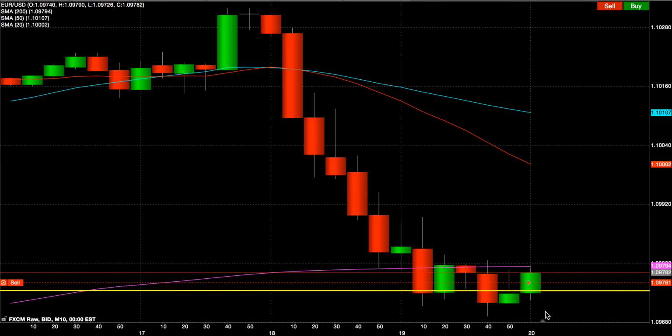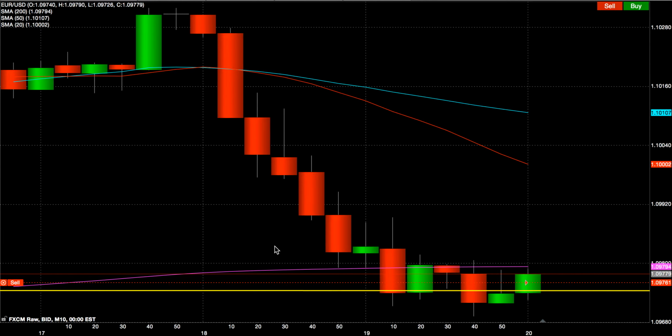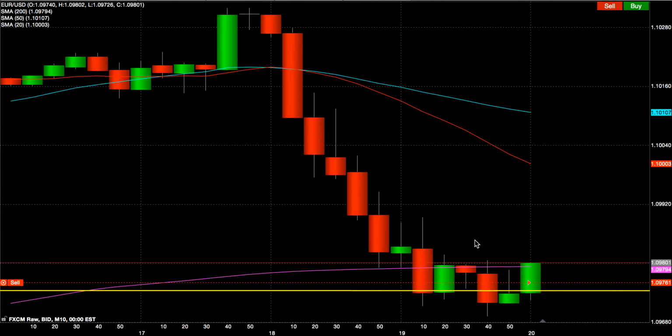I think I'll leave it there. Yeah, so I'm looking for about a 10 pip gain on this trade here. Nothing too crazy. Again, 200-day moving average acting as resistance. I don't like that, so I may just take a loss here.